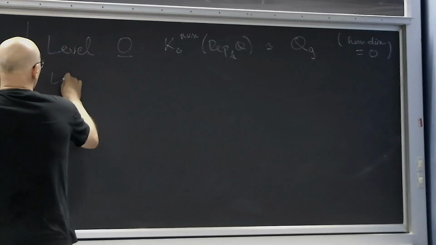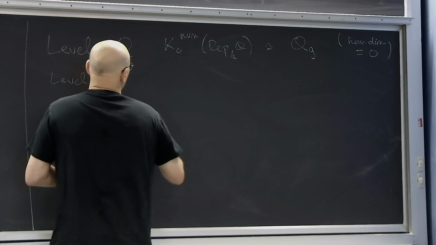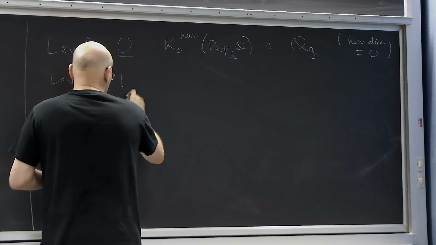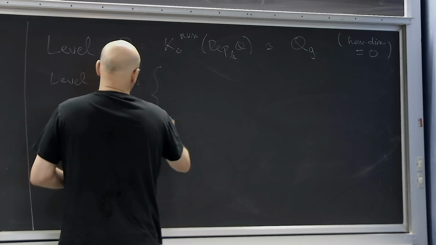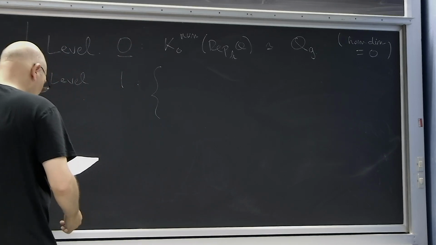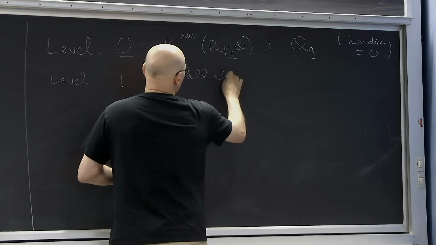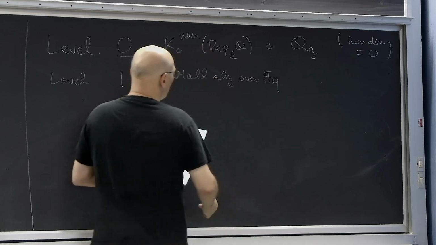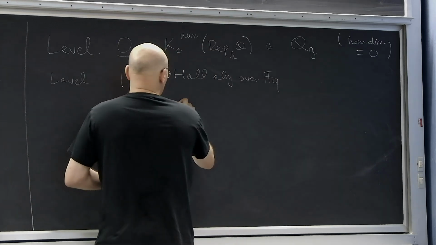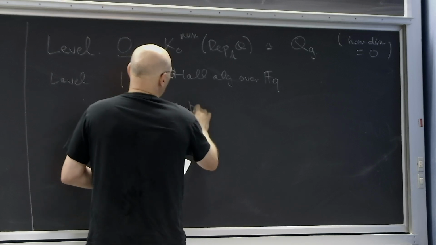And then we can go to level 1. And here we will have two things that we can do, that I hope to do this morning: we can do the construction of Hall algebras over FQ, or we can do what sometimes people call geometric Hall algebra. Let me just say constructible sheaves.